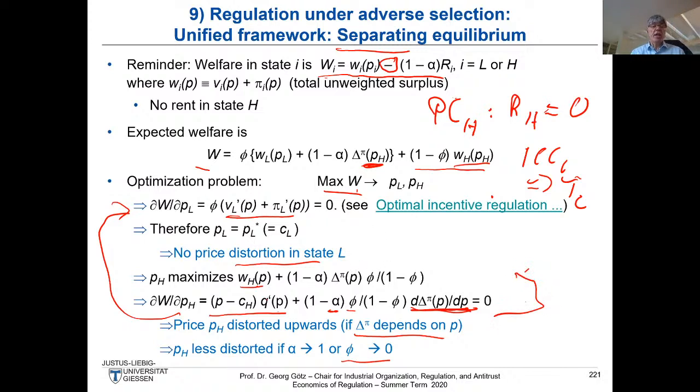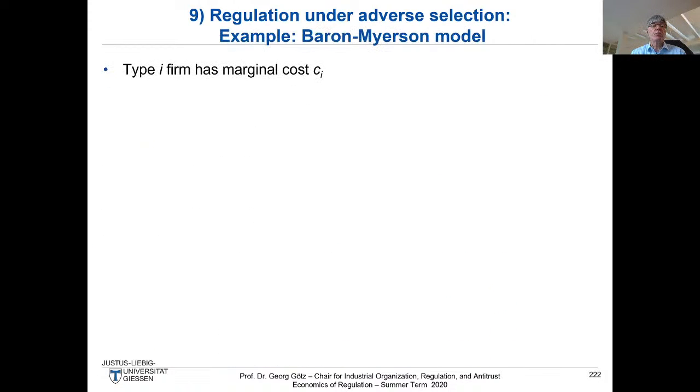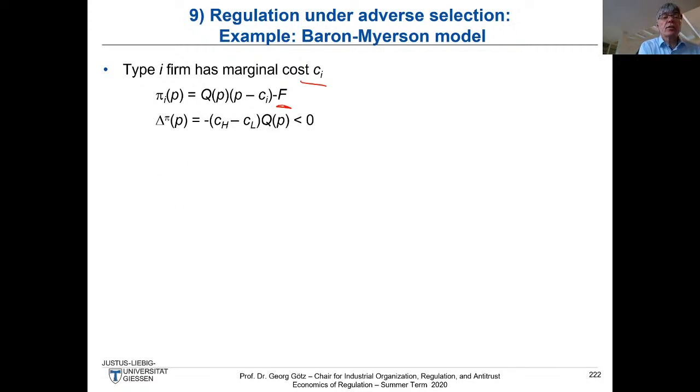And what we are doing next is just applying Baron-Myerson. Baron-Myerson was just a situation where both firms had the same fixed cost F, but firm type L had the low fixed cost CL, and type H had the high fixed cost CH. And that's just our rectangle.